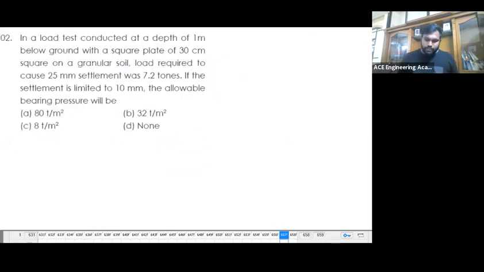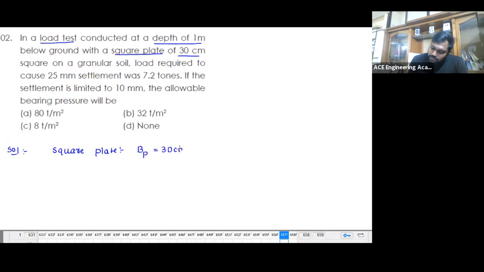You see the second question. A plate load test is conducted at a depth of 1 meter below the ground with a square plate. Given is a square plate with a width of 30 centimeters on a granular soil, means sand.